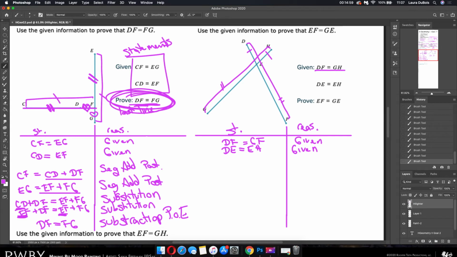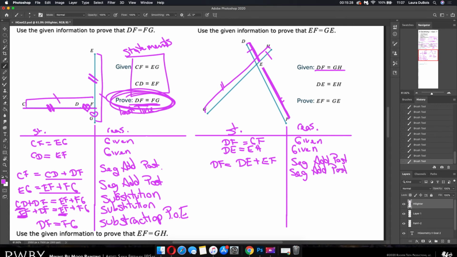Next thing we want to do is, shock of all shocks, the segment addition postulate again, in order to say that DF, which is my big segment here, equals DE plus EF.